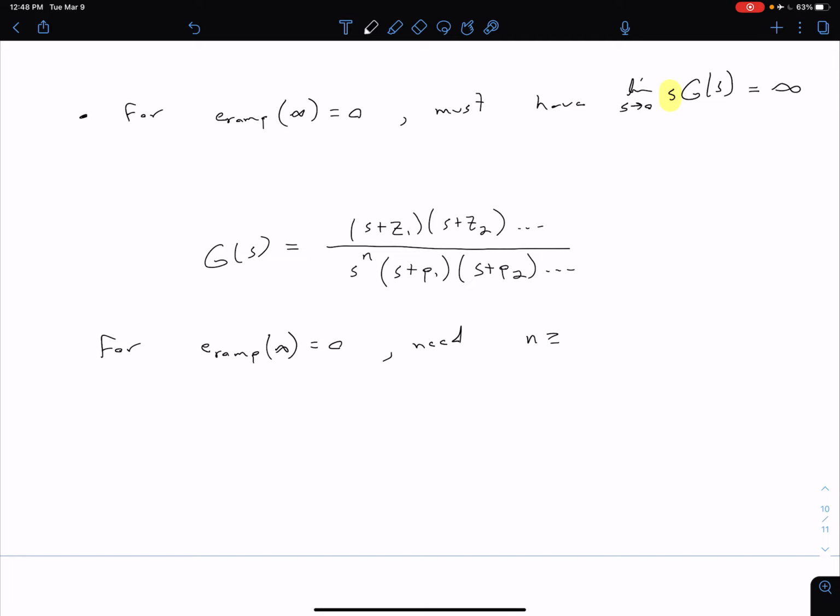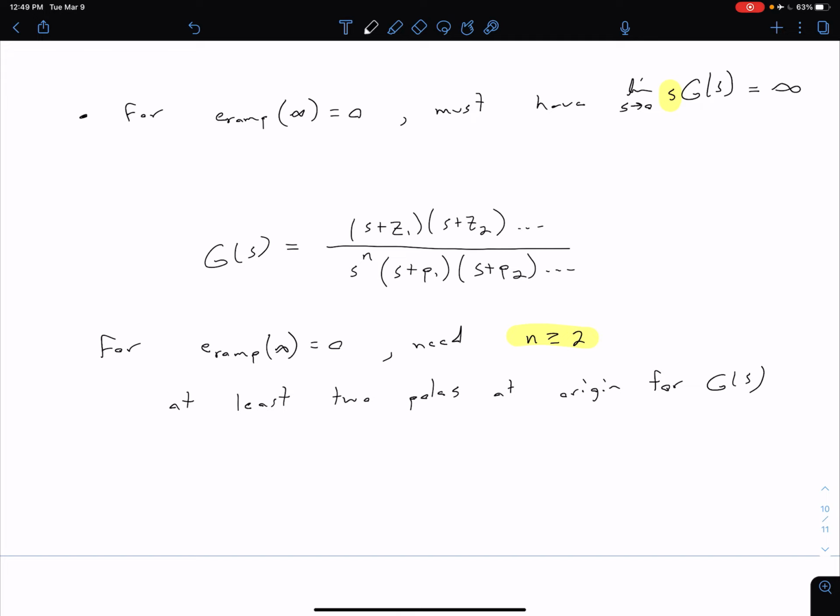So n has to be greater than or equal to 2, whereas before with our step input, we only needed n greater than or equal to 1. And remember, we can say that in a couple different ways as well. This corresponds to having at least 2 poles at the origin in our G(s).